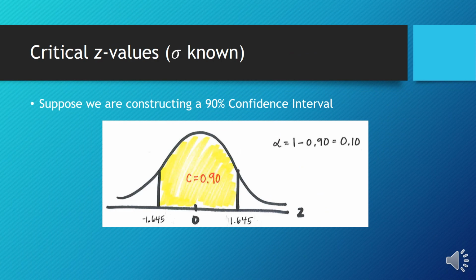Now you can see I have labeled my critical z-values on the left and on the right, so negative 1.645 and 1.645. All right, so these are my critical z-values.